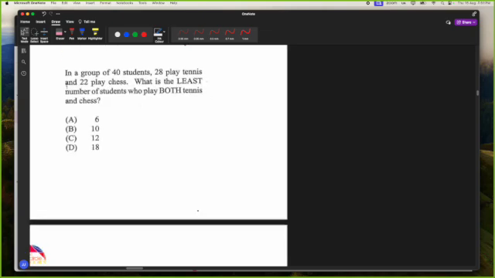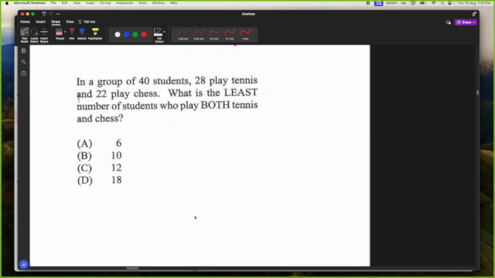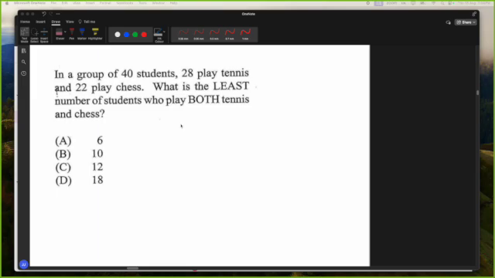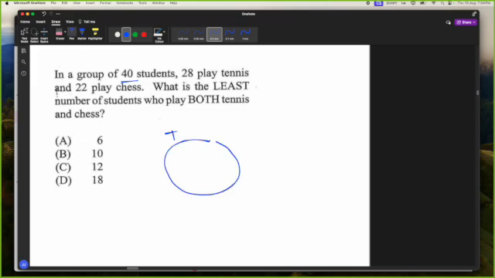Look, we have another question here, just like the algebra one. So let's see. A group of 40 students, so that's a total that I have data with, right? 28 play tennis and 22 play chess. So I have the tennis group here, which is 28 in total.